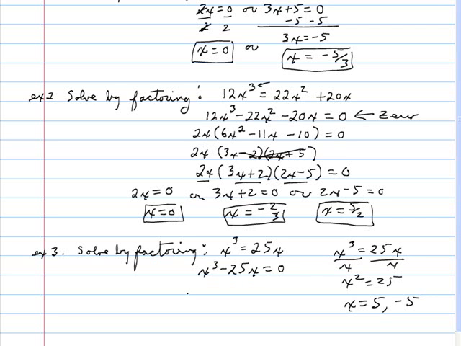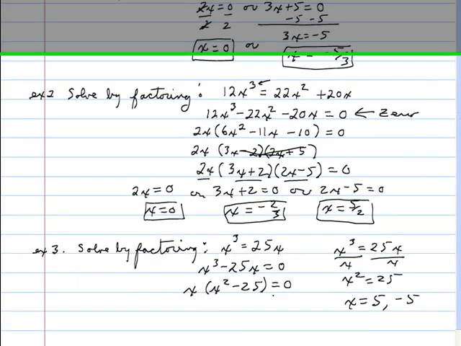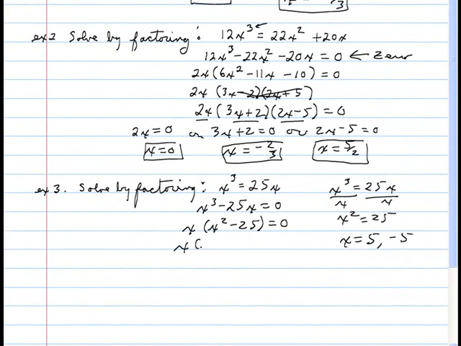I factor out the common factor x, and what I'm left with is a difference of squares. You'll recall from your old factoring days that a difference of squares always factors into a product of conjugates. So I factor it into a product of conjugates.